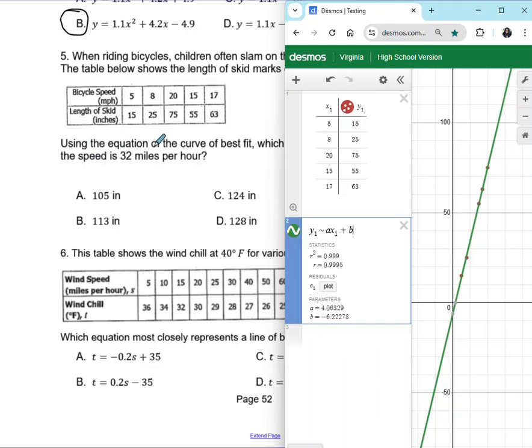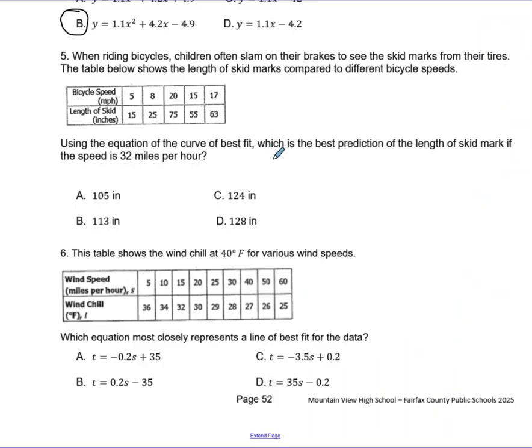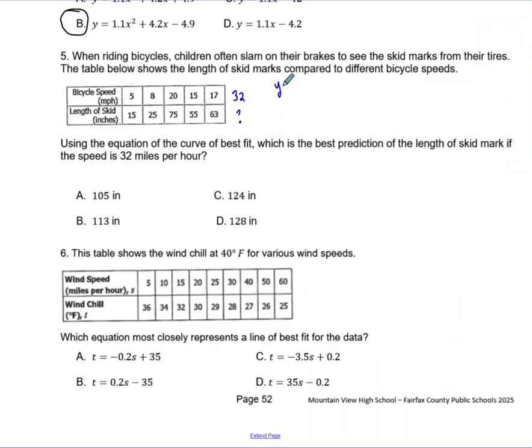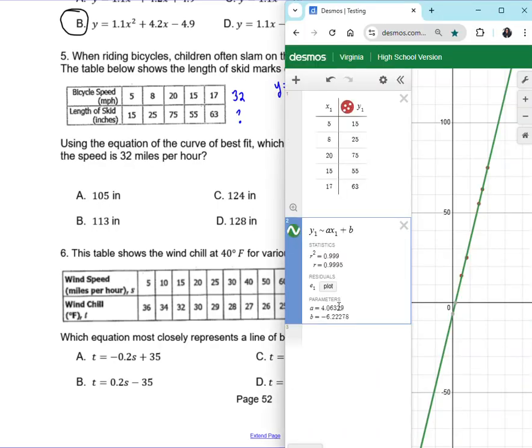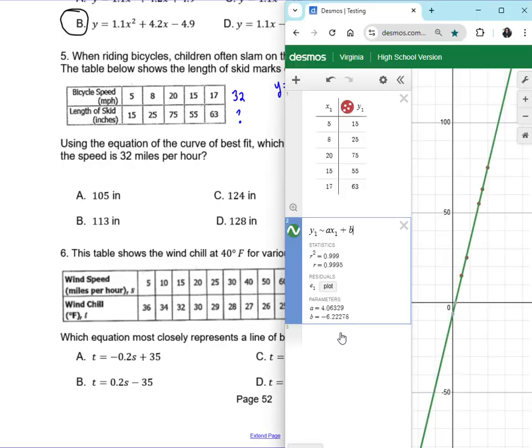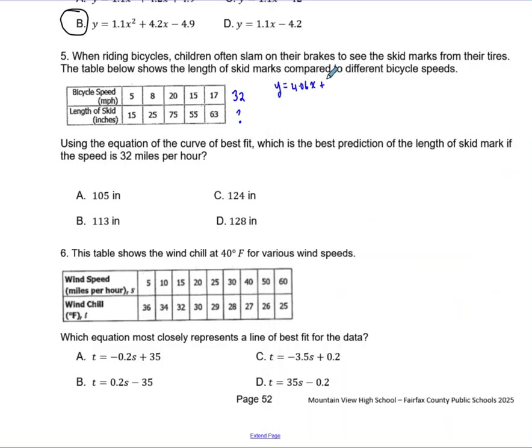And then it says here, using the equation of the curve of best fit, which best predicts the skid mark if the speed is at 32 miles per hour. Okay, so when the speed is at 32, what would that be? So basically what you're doing here is you have your equation, which is y equals a, which is 4.06x, plus b, which is -6.22.